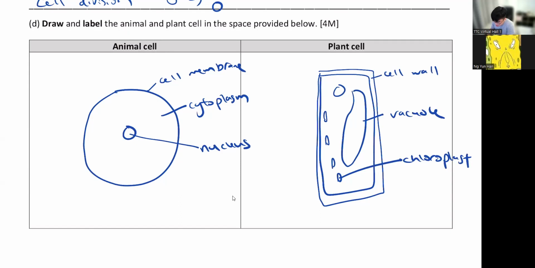Okay, I'm just gonna point it here lah. This is your cell membrane. This is your cytoplasm, but this is your nucleus. Right, simple. I don't think you'll get 4 marks here in exam. Okay, maybe you do, I don't know. But wow, it's really that easy.